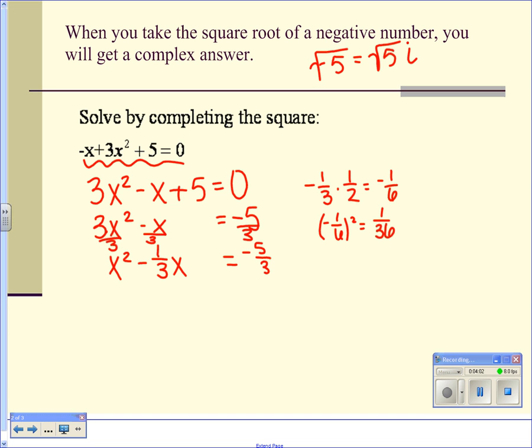Does that make sense? You have to divide everything by 3. Any questions so far? Okay, so what goes right here? What else do I have to do? Add it. Put it on the other side. Any questions on that part?